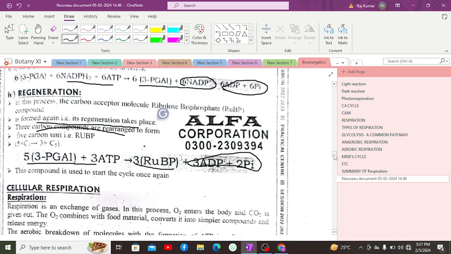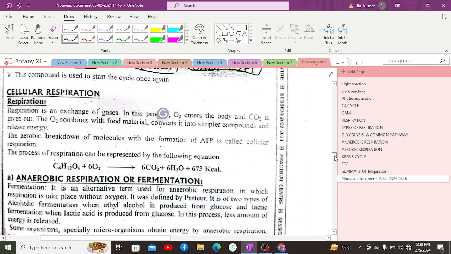The reason is that 2 inorganic phosphate will be released further during the formation of hexose from the triose, known as glyceraldehyde 3-phosphate, because it also has a phosphate group. So 2 cycles having 2 glyceraldehyde 3-phosphate will release 2 phosphate groups, as a result of which it will form hexose sugar, and 2 phosphate groups will be obtained from there, so that they can be utilized in the process of cyclic or non-cyclic photophosphorylation or in the light reaction. This compound is used to start the cycle over again, and this is how the reaction occurs.